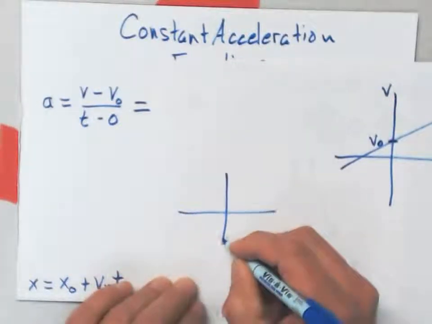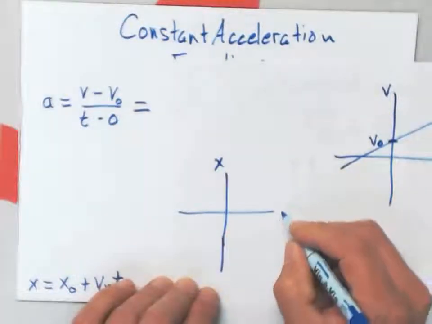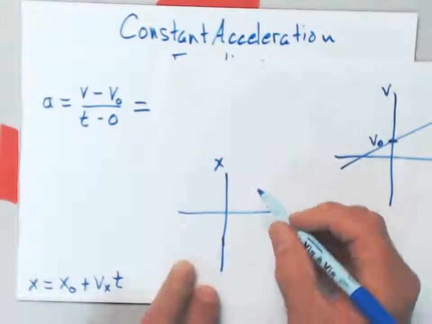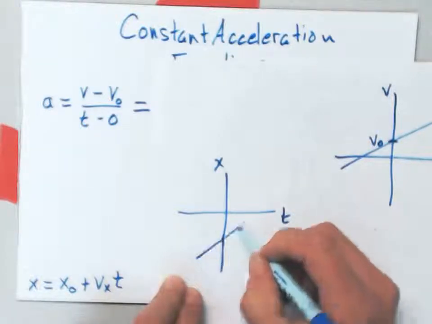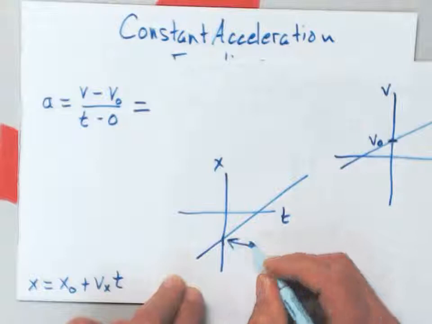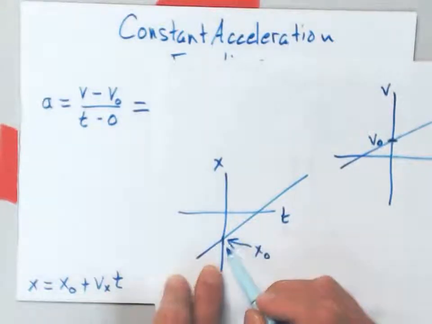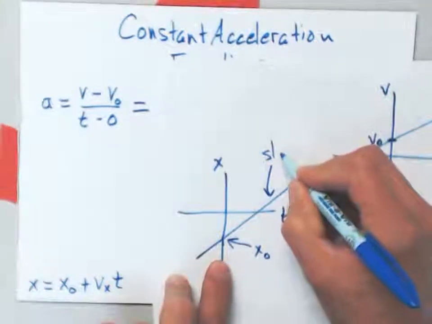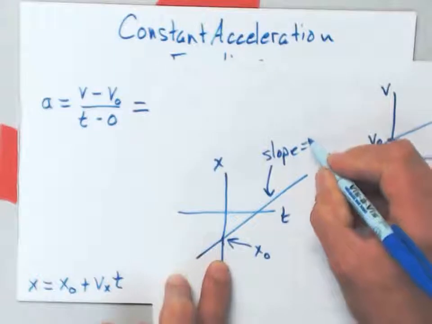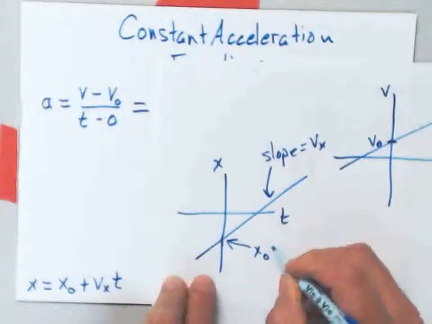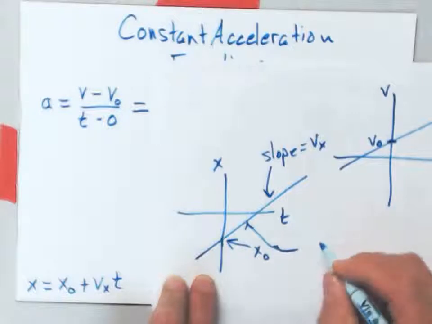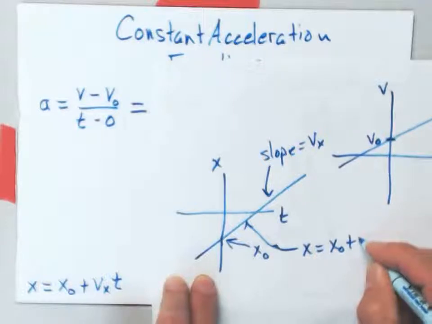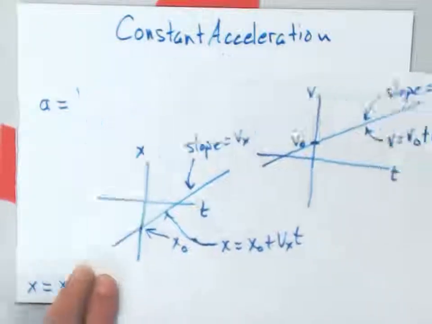In the equation that we had yesterday, when we graphed that, that was the constant velocity situation. We had a graph of x versus t, and I'll suppose I have a positive velocity and maybe a negative value of x naught. X naught is the vertical intercept, the value of x when time is 0. The slope is equal to v sub x, and that line is x equals x naught plus v sub x t.